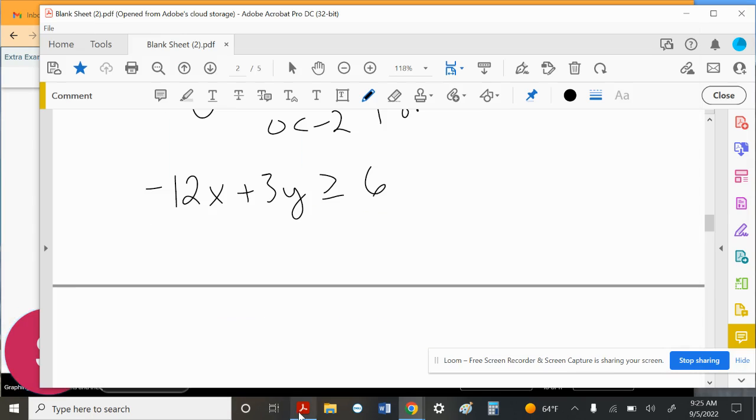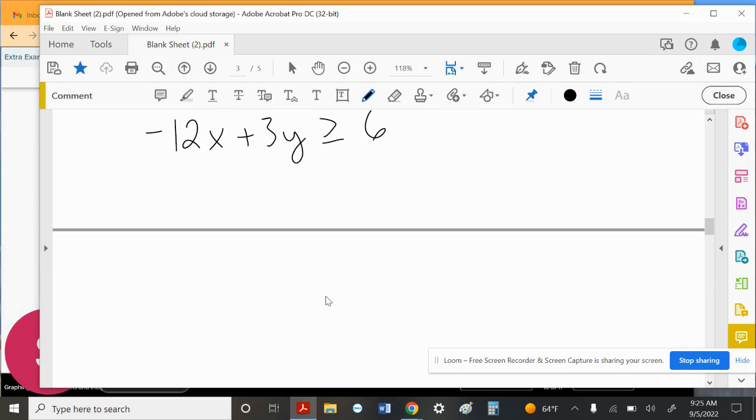Okay, so now let's go ahead and solve for that one. Since I started on a different page, I'm going to have to do it here. I am going to add 12x to both sides because I have to get rid of the whole thing, since I'm isolating the 3y. So I get rid of the whole thing by adding it to both sides. Of course, these cancel. Greater than or equal to, I'm adding, so it doesn't change signs.